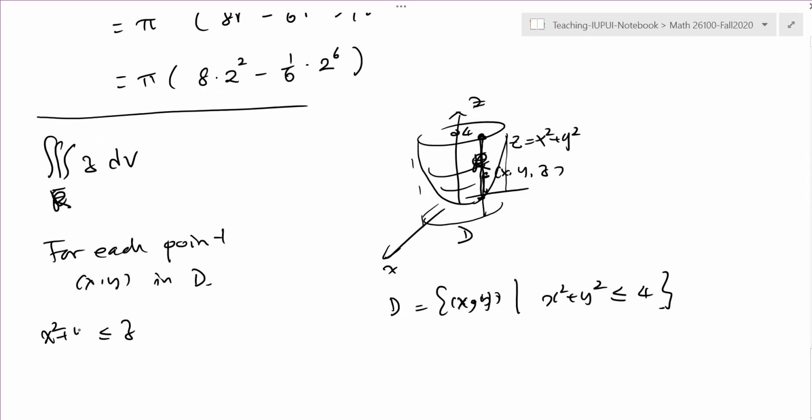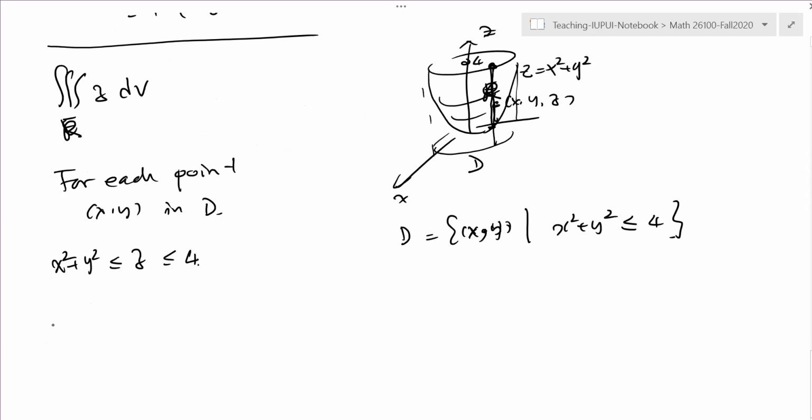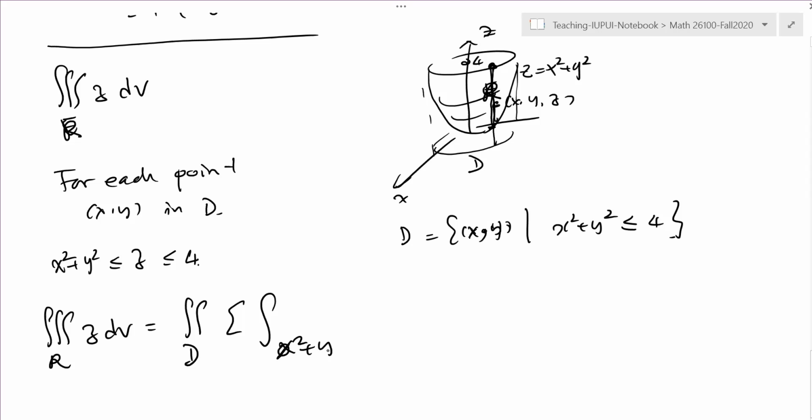So then this triple integral becomes a double integral, and z is from x squared plus y squared to 4, with dz and dA.